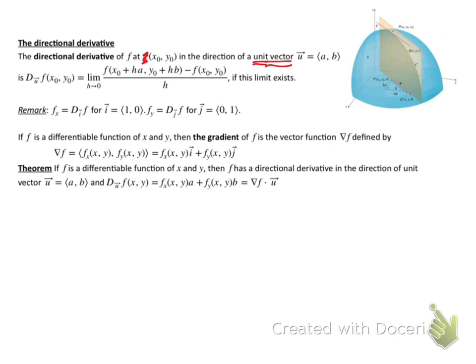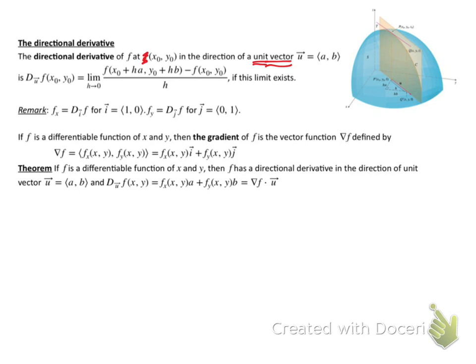The image will be a surface. You slice it. This time you're not slicing the surface by x equals a number or y equals a number. You are slicing with a vertical plane, but it goes along the direction vector.